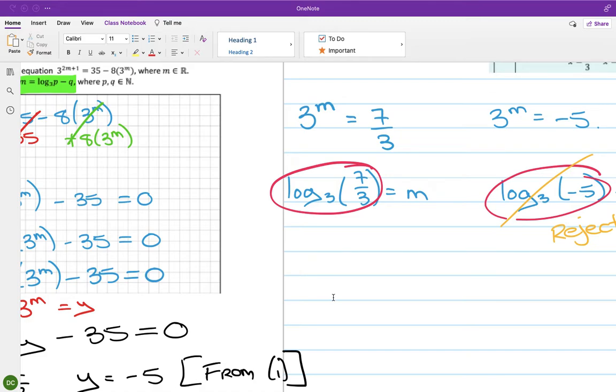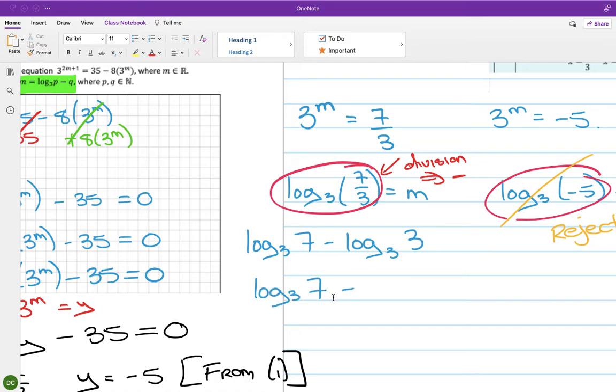Right, look. This here is a division, and a division turns into a subtraction. So log to the base 3 of 7 minus log to the base 3 of 3. Yeah? And log to the base 3 of 3, don't know if you remember this, is 1.